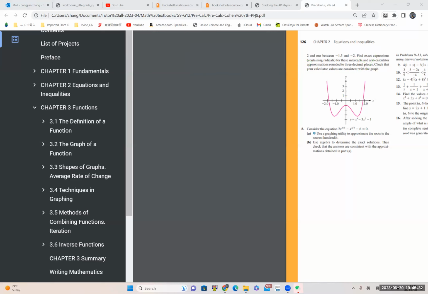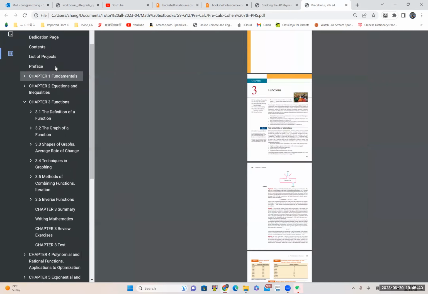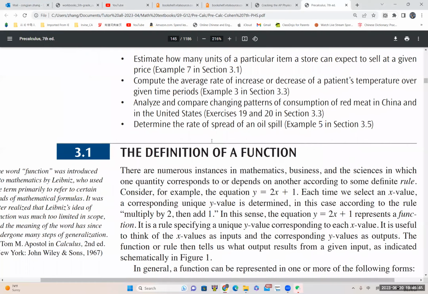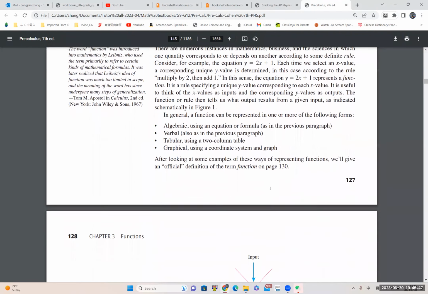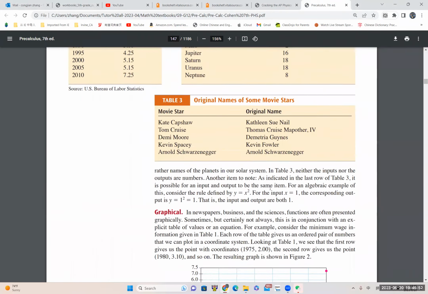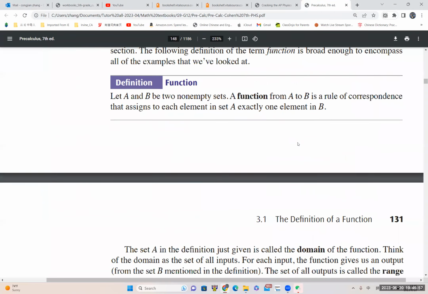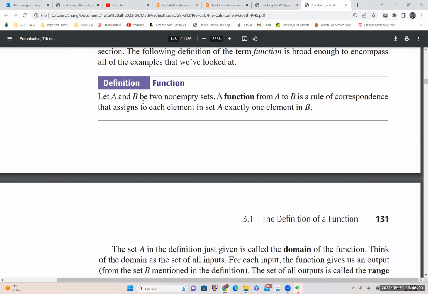Okay, now let's go into this. Let me find the definition. Oh, here. Exactly one element in B, right?